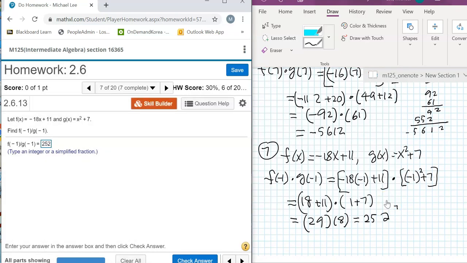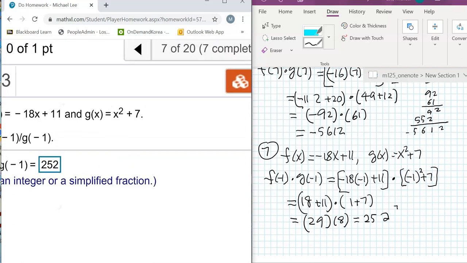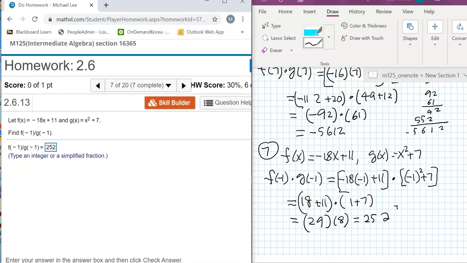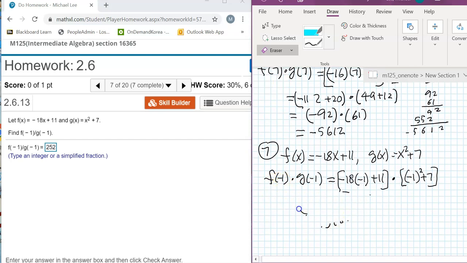Oops. Let me look at it. Okay. So f of, oh, this is division. Oh, sorry about that. I can't see, that's a division symbol. So let me just erase that part. Okay.